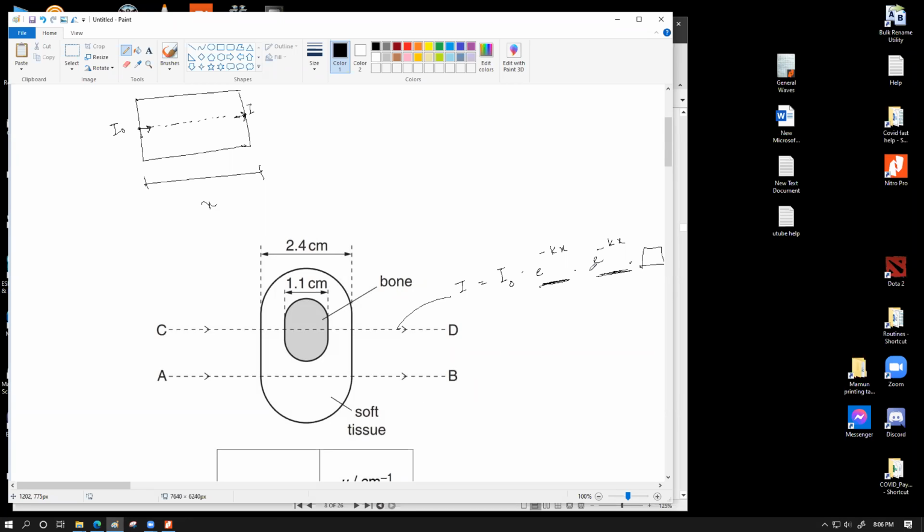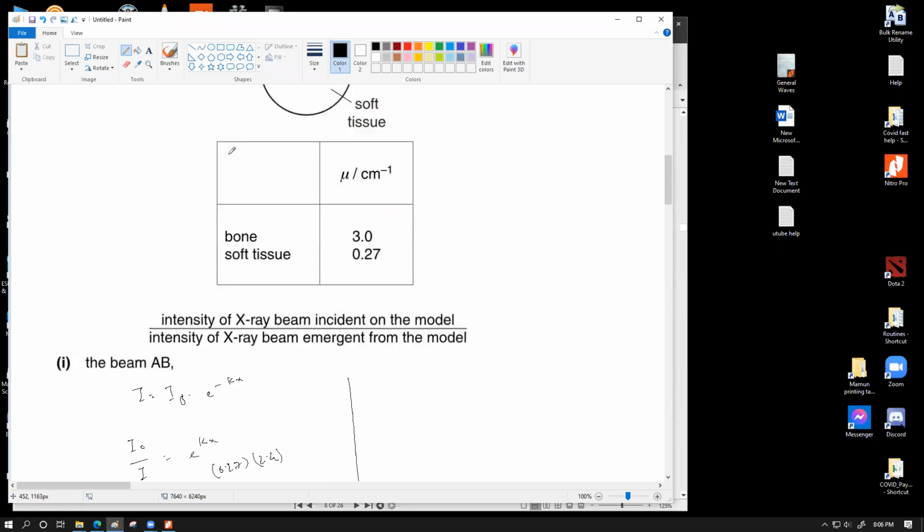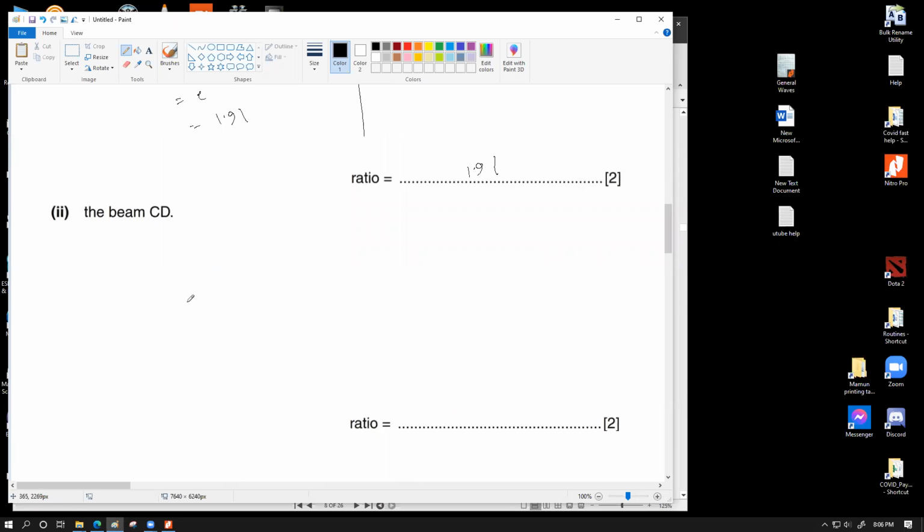We are trying to find out the combined effect of the absorption of both the mediums together. In other words, if we were to consider the two different mediums as a single medium, we would have to find out a combined mu value for both of them together, which we are not trying to do. We are simply trying to find out how much would be the reduction factor. I understand, sir. Beautiful. So try to do this and see how much you get.